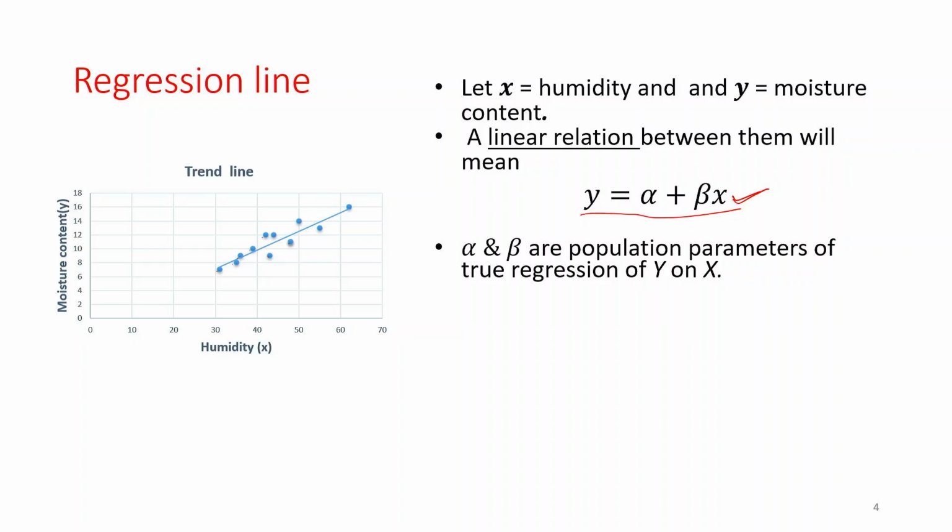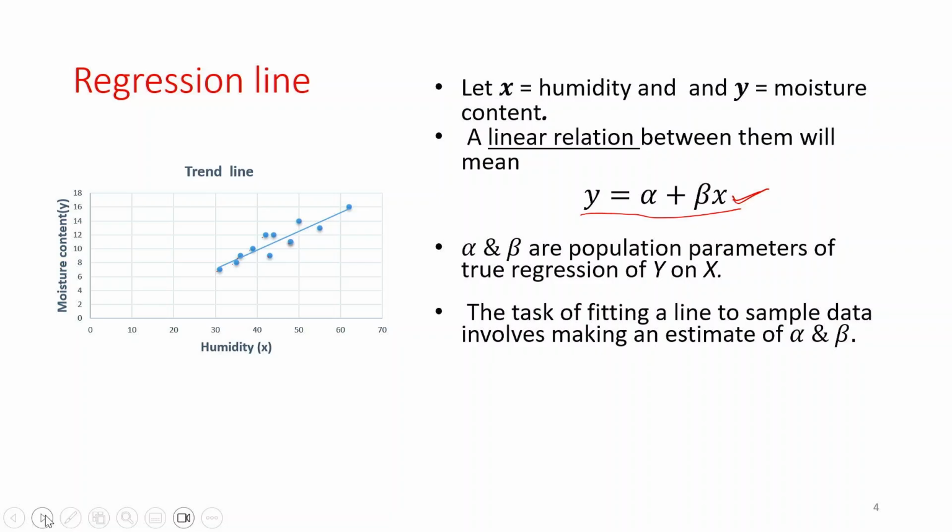But if we go for the very large population, if we take more and more readings and go for a very large number of readings, then the relationship between the moisture content and humidity is what is expressed by Y equal to alpha plus beta X. But generally the values of alpha and beta will remain unknown to us because we will not be able to take so many samples.